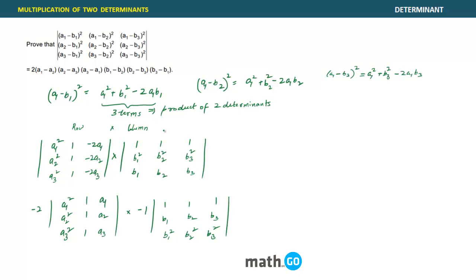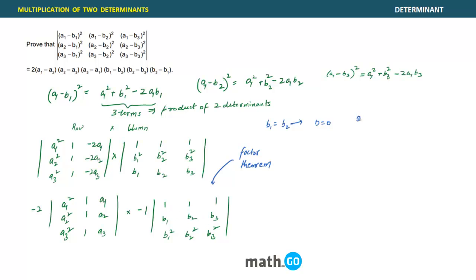So now if you want to solve this particular case, you can solve this using factor theorem. This is where factor theorem comes in handy. How is factor theorem getting used here? If you place b2 equal to b1, by the same pattern that we used earlier, the determinant value will become 0. So let's say b1 is equal to b2, right?